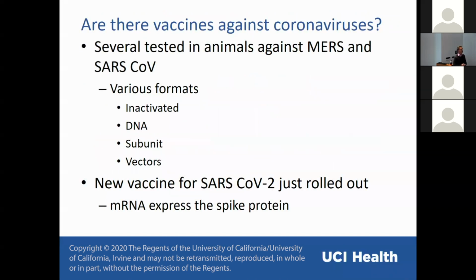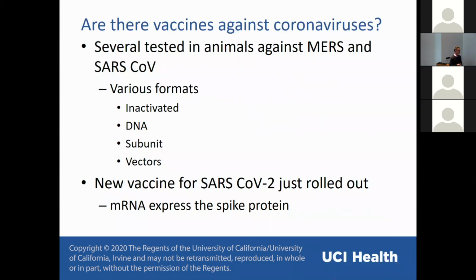What about vaccines? Well, there are several that have been tested in animal models against the MERS and the SARS agents, and these have been effective. They come in various formats: inactivated vaccines, DNA vaccines, subunit protein vaccines, and then vaccines that are vectored in by various viruses, particularly adenovirus.